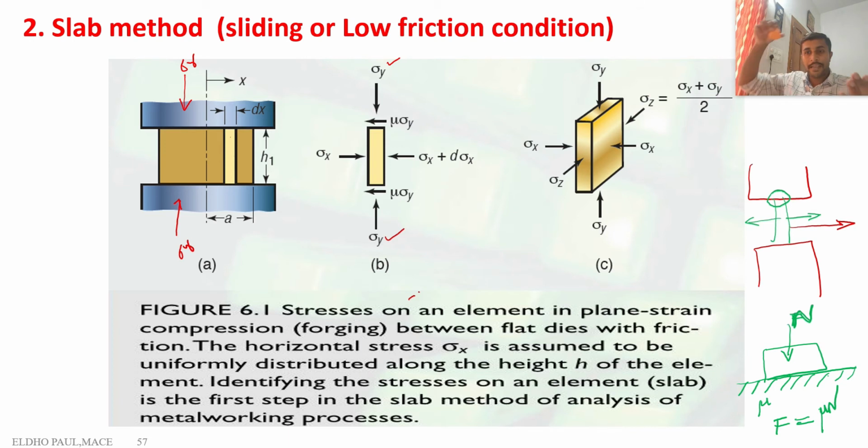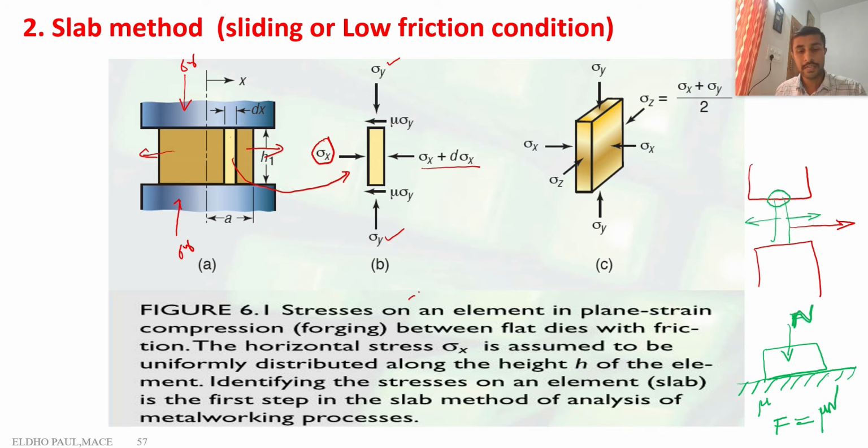Then, when we apply a compressive force, what happens? The material flows in the outward direction. For this outward movement of the material, some amount of horizontal stress is required. On this element, sigma x is the horizontal stress on one side, and on the other side the stress is different, sigma x plus d sigma x.